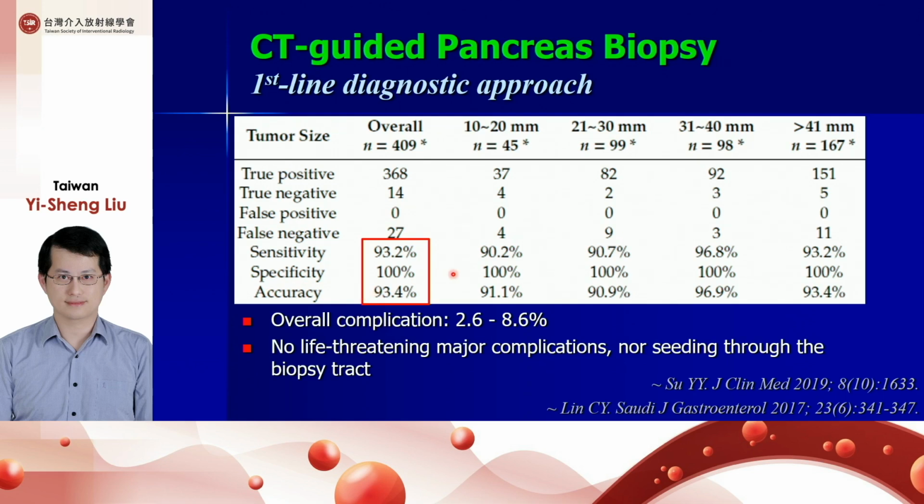Even for small lesions, less than 20 millimeters, the accuracy is still up to 91.1%. And in all 409 cases, the overall complication rate is 8.6%, with no life-threatening major complications and no tumor seeding through the biopsy tract. So I think this technique is very effective.